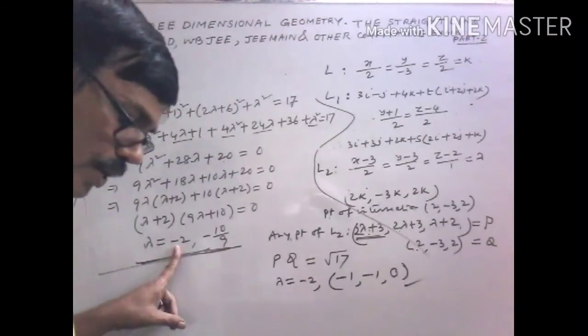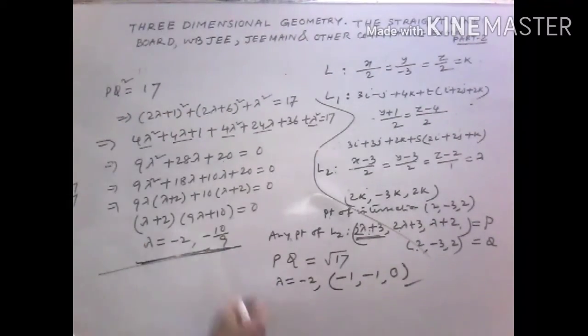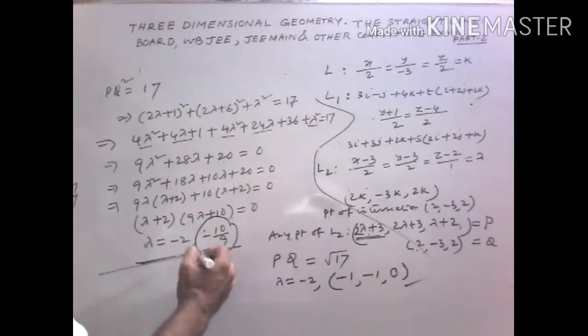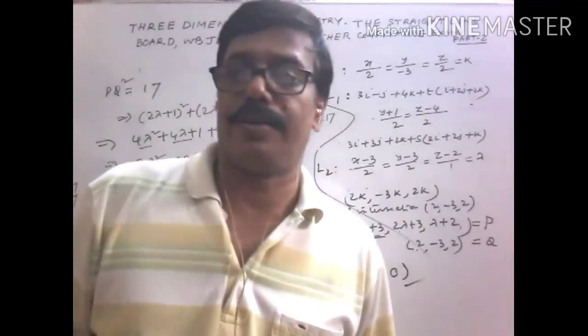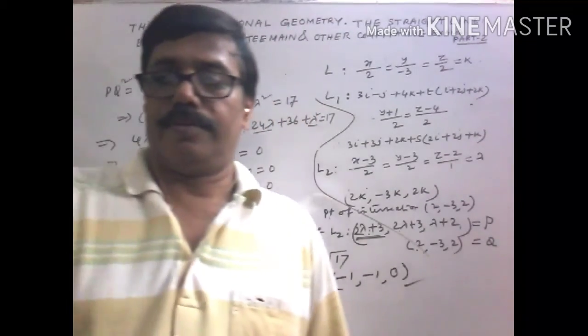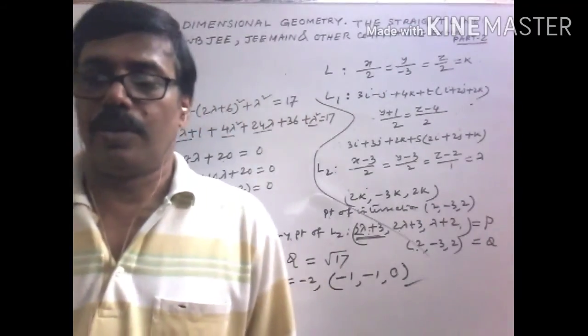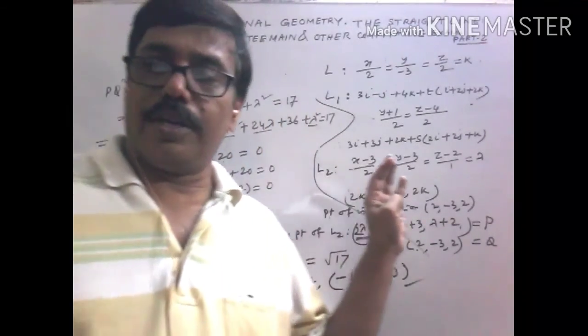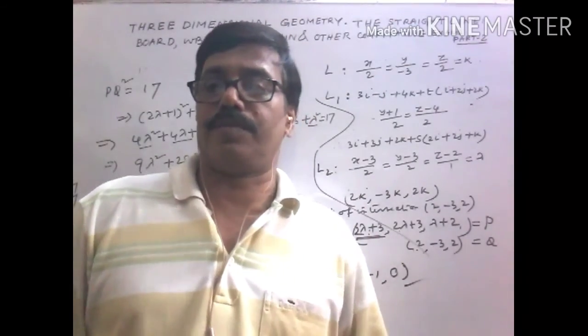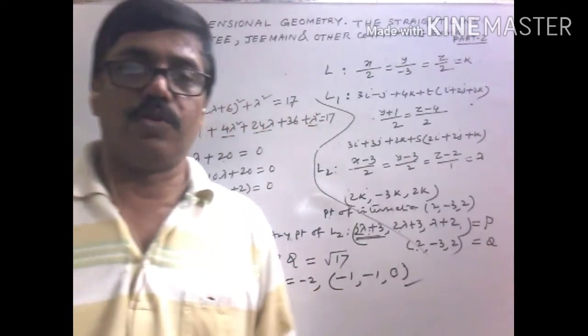So this is one point. And putting the other value of lambda, we get the other point. You solve the rest of the problem from the description list.